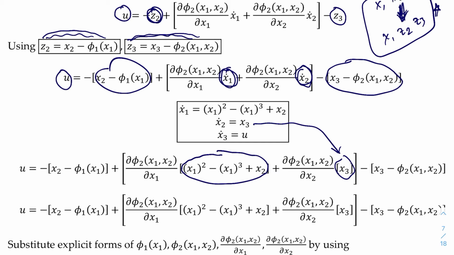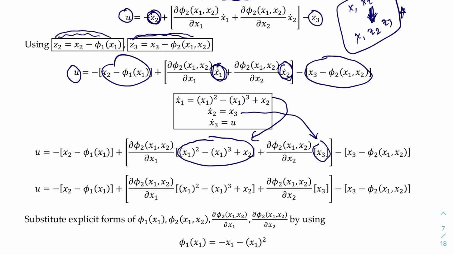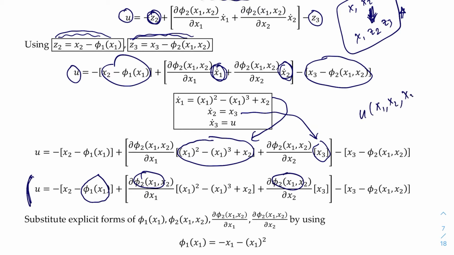So we have u, our control law, and we can just expand phi1 and also phi2 to really have u as a function of x1, x2, and x3, because this is what we need.